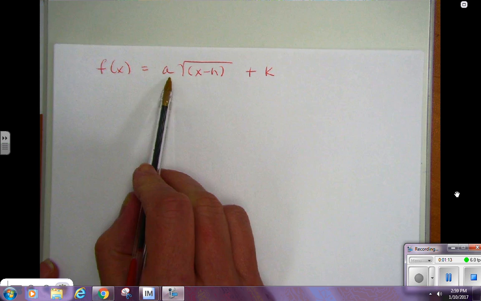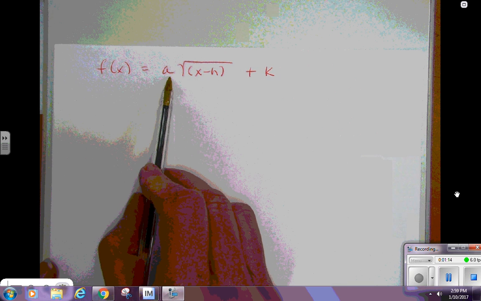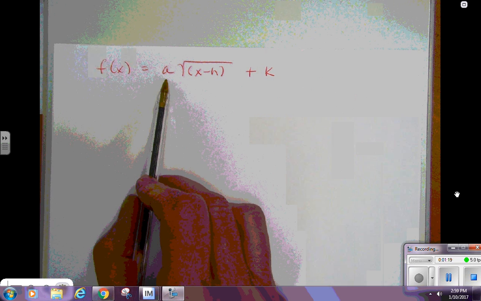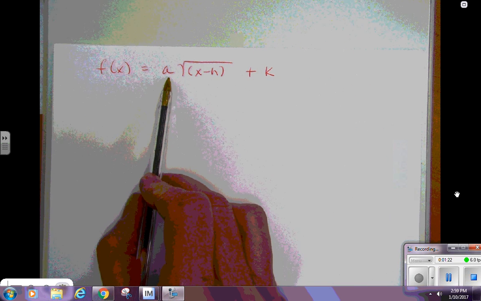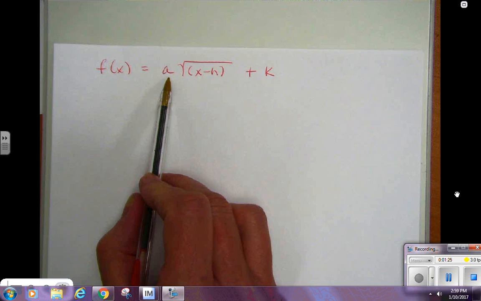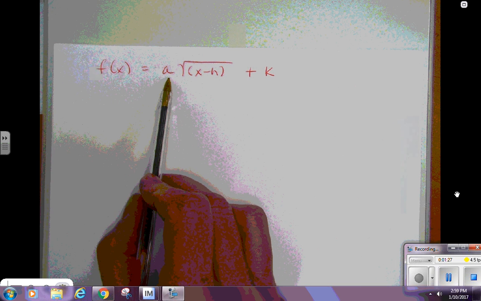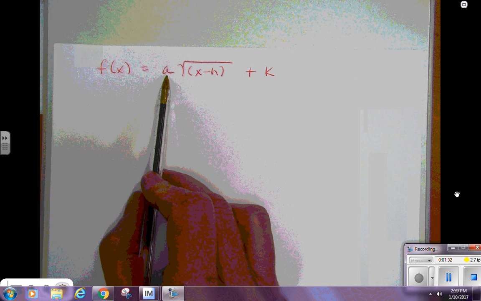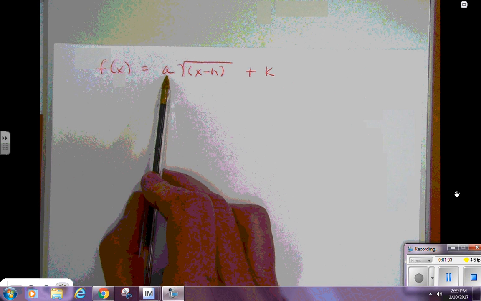You have your A in front of the primary part of the equation, and this A makes the graph either open up or flip over. If it's positive, it opens up. If it's negative, it flips over. The number also affects the vertical stretch or horizontal stretch.